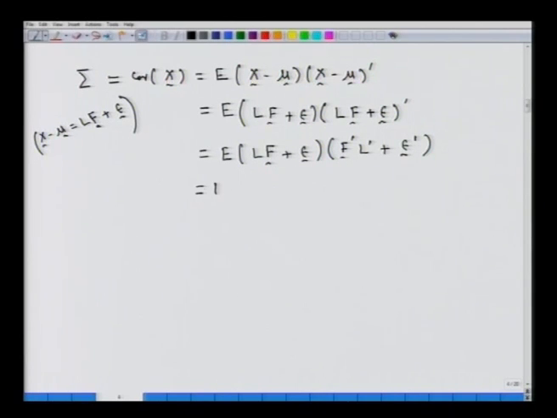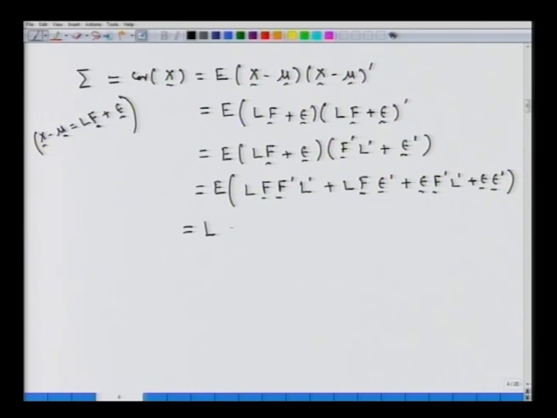Now, we will take the product and then take the expectation inside. Taking the product, this is equal to LF F transpose L transpose. The second term is LF epsilon transpose, plus the next term, which is epsilon times F transpose L transpose, and the last term is epsilon epsilon transpose. Now, we take the expectation inside. Remember that L and L transpose are both matrices of constants, and hence the expectation can be taken inside.